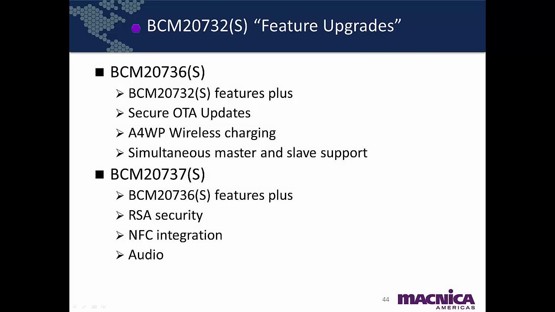As you can see here, the 36 adds over-the-air updates, wireless charging, and support for the device to be both a master and a slave at the same time, above and beyond what the 32 features are. The 37 has all of that, plus the RSA security algorithms in the ROM, and near-field communication integration, and it can also support audio rates.